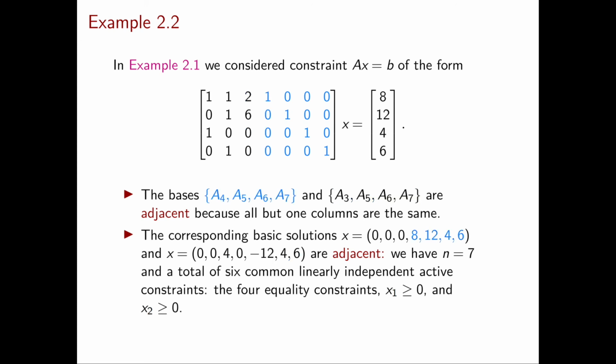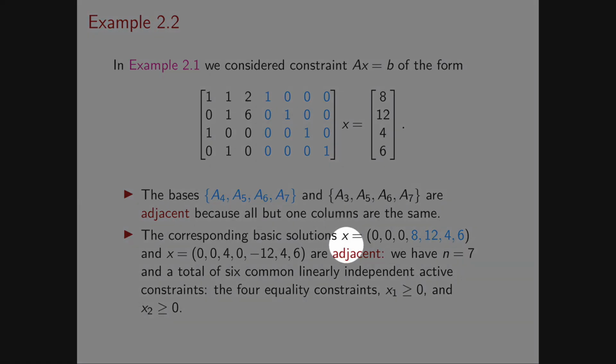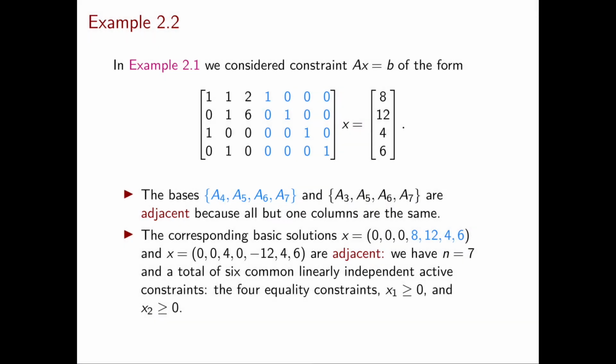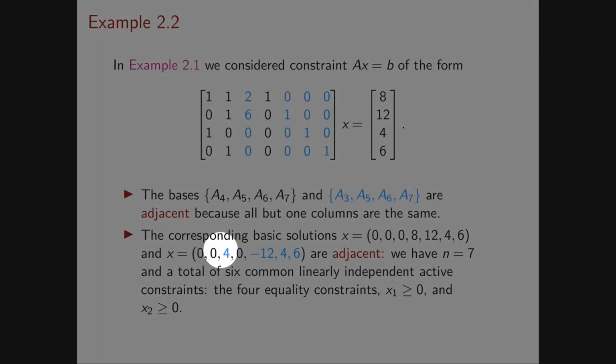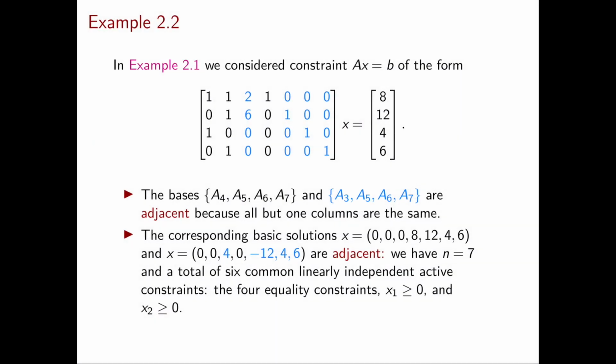The corresponding basic solutions are x equal to 0, 0, 0, 8, 12, 4, 6 for the first basis, and 0, 0, 4, 0, minus 12, 4, 6 for the second basis. And these two basic solutions are adjacent.